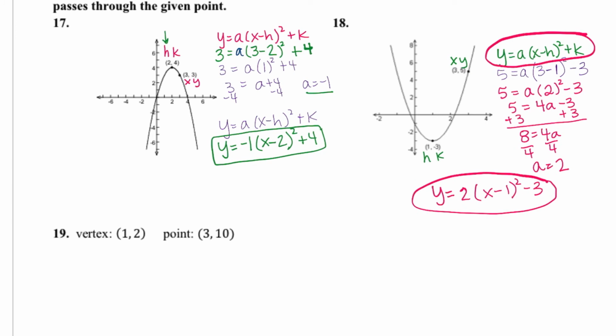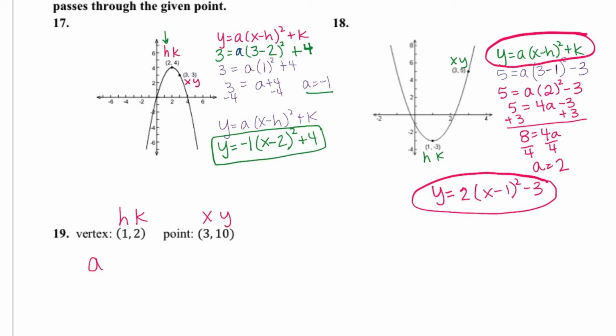Now 19 and 20, it's the same idea. The only difference is we don't have a picture. So I have my vertex is always my hk, and my other point is always my xy.